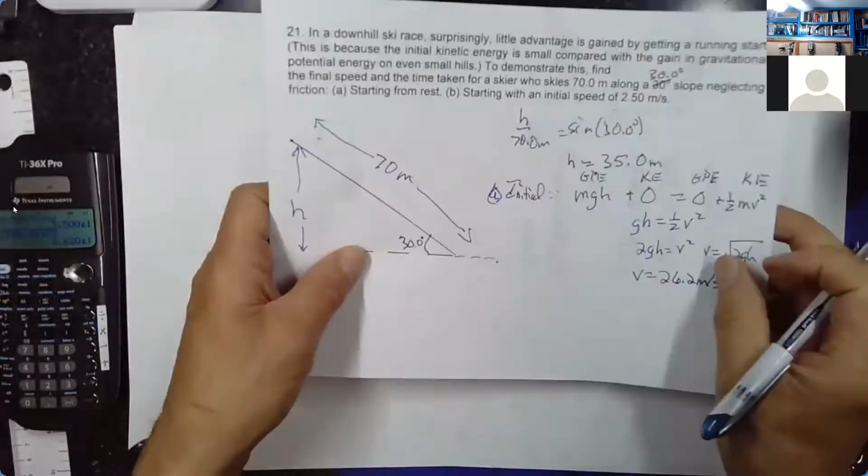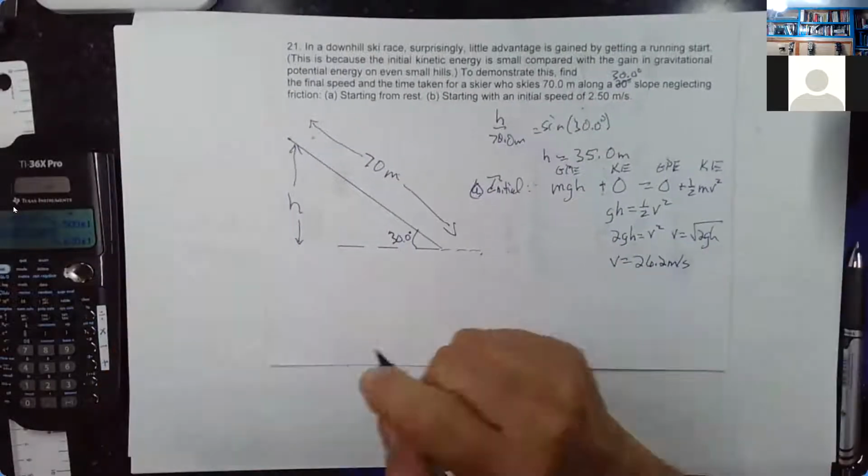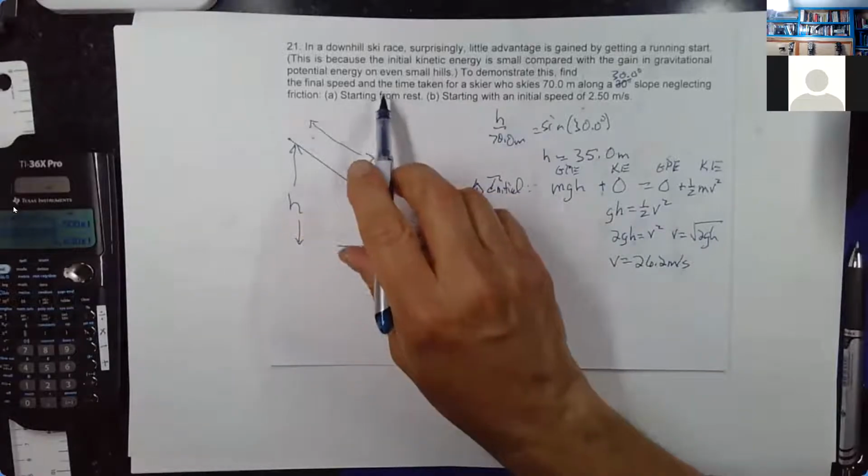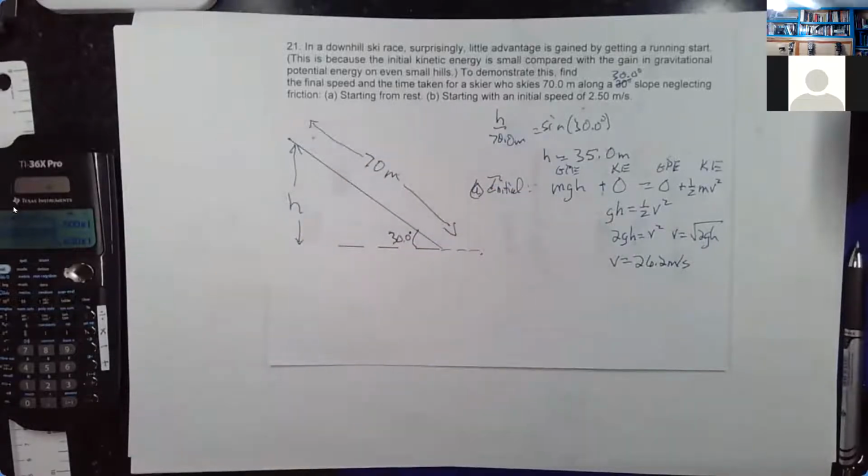Okay, let's see. What else am I supposed to figure out? Find the final speed, got that, and the time taken for a skier who skis 70 meters along a 30-degree slope. Okay, well, if they're going down a hill like this, I want to know the total time taken.